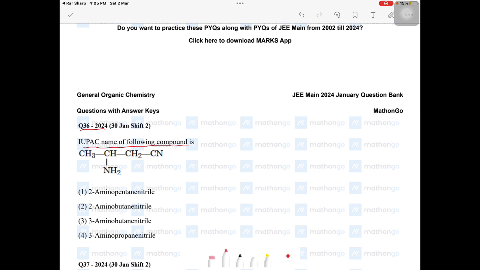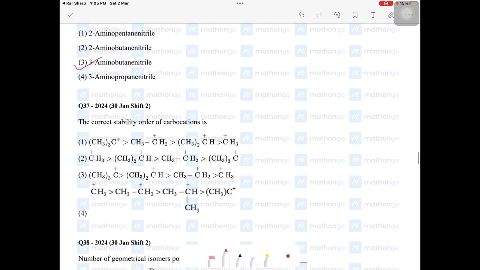IUPAC name of the following compound. 1, 2, 3, 4. 3 amino, 4 carbon atoms, but all are single bond in nitrile. 3-amino butane nitrile. Third option is correct. Stability order of carbocation: tertiary is more stable than secondary, then primary, then methyl carbocation. That option is given in third. Tertiary, secondary, primary and methyl.